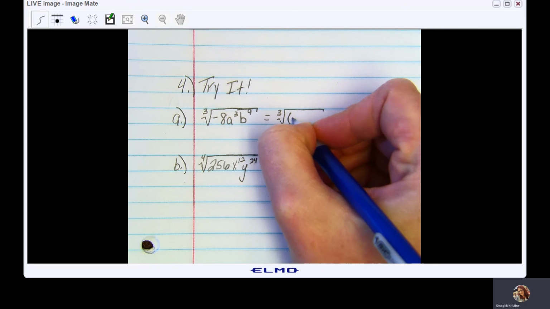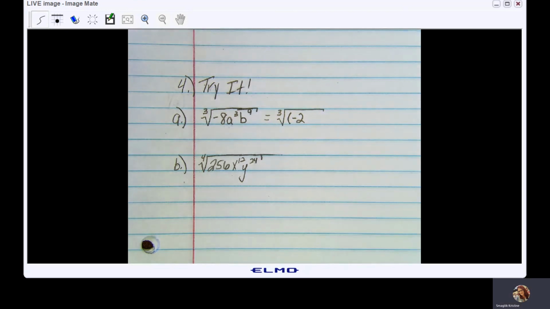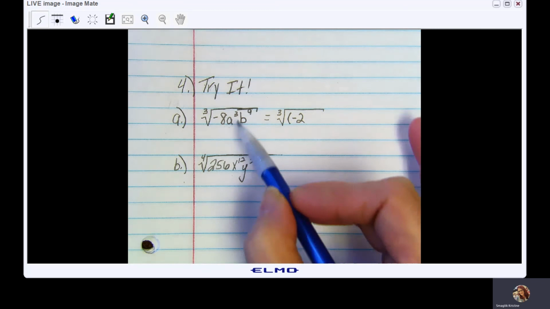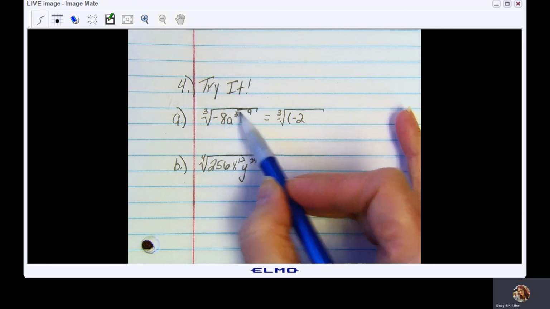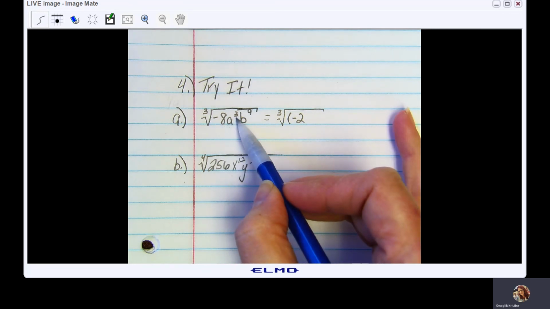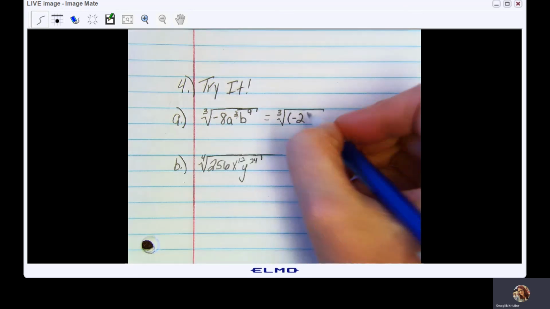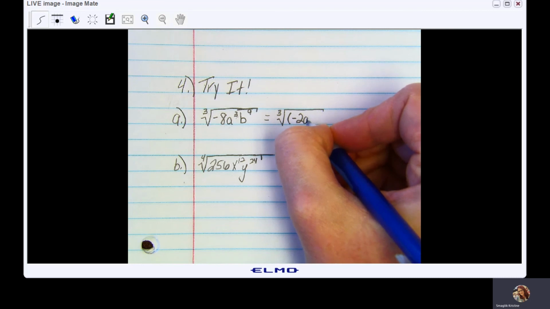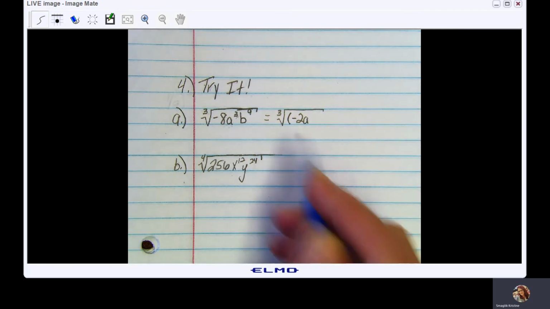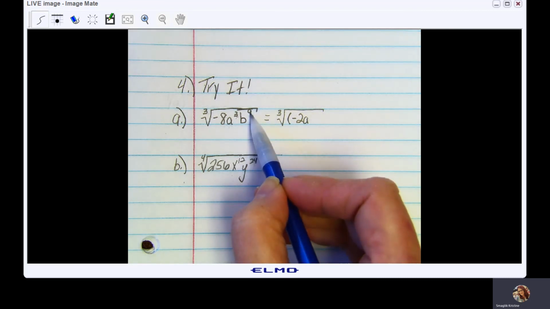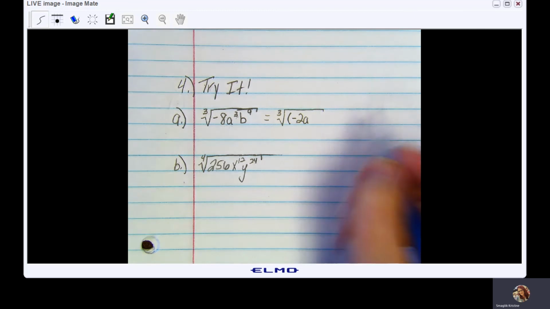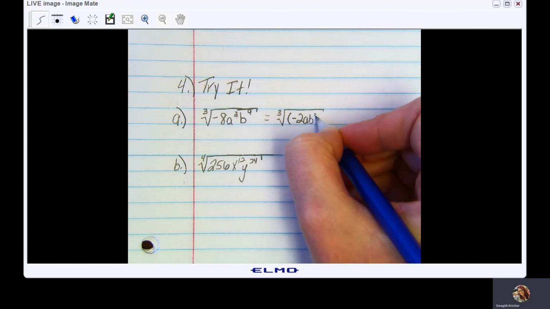Well, that would be -2. -2 cubed would be -8. Now when you have variables and exponents, can I divide 3 by 3? Well, yes. 3 divided by 3 is just 1, so keep the base, exponent of 1. b to the 9th, 9 divided by 3 is 3, so b to the 3rd.